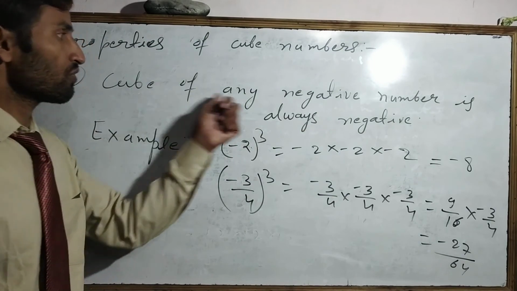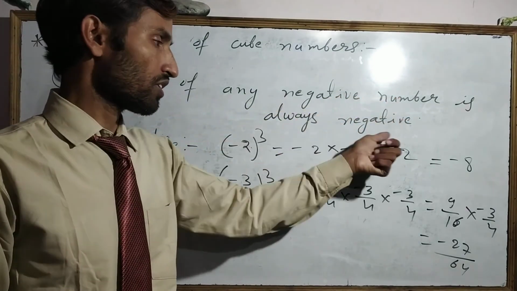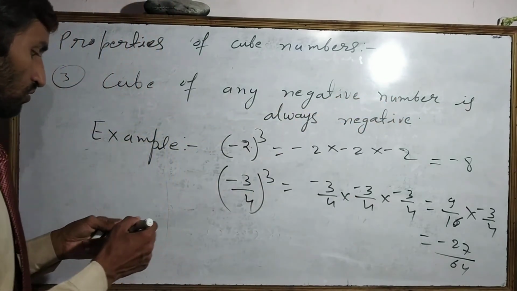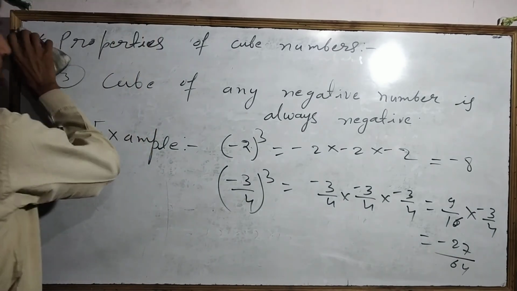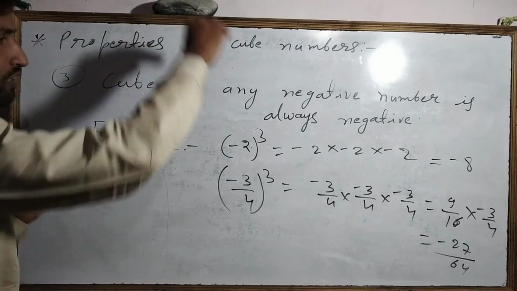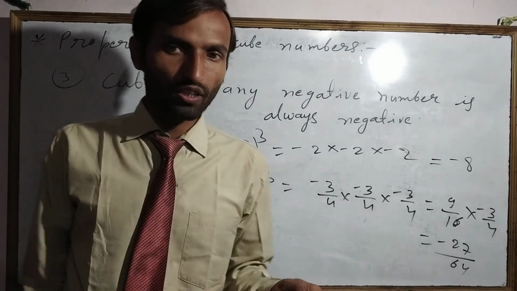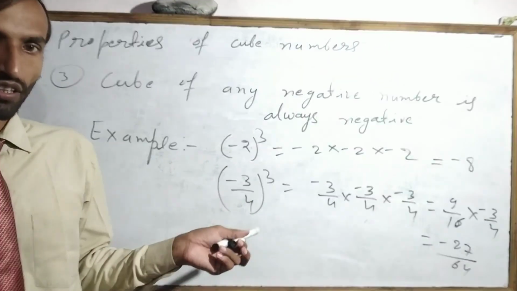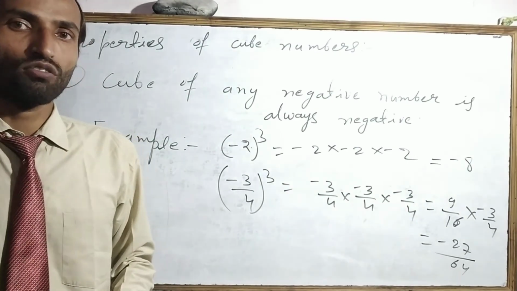Just remember, the cube of any negative number is always negative. You have to do the same process in the exercise. If this type of question comes, use the property and then answer. Okay, that's all.